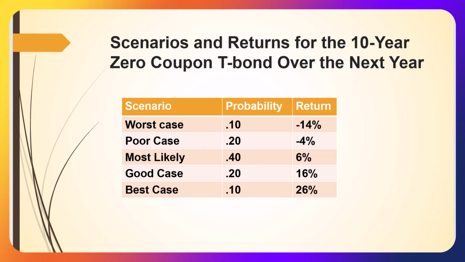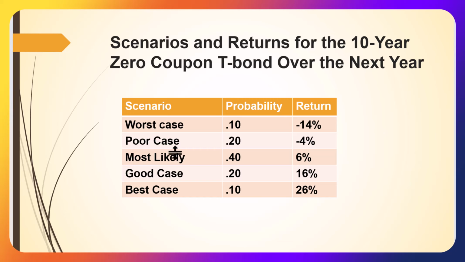This is an example of a prediction of the returns on treasury bonds. The probabilities reflect a forecast of the chances that these economic conditions occur. The returns are the forecasts of the returns should that economic condition actually come to fruition.